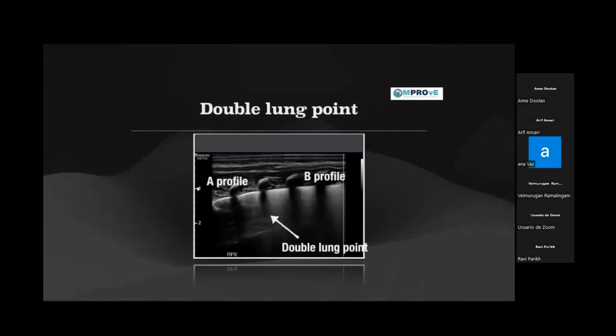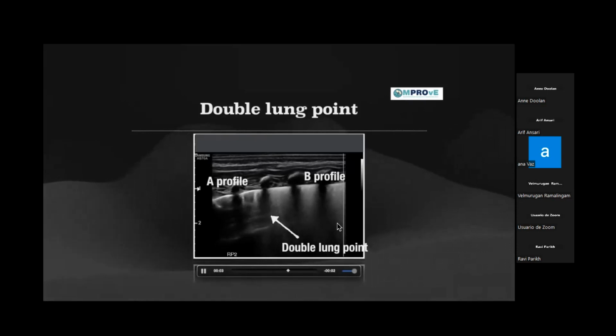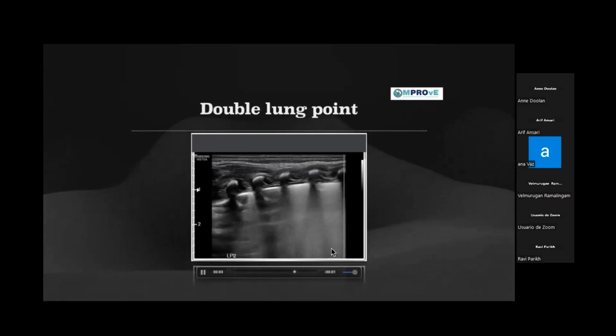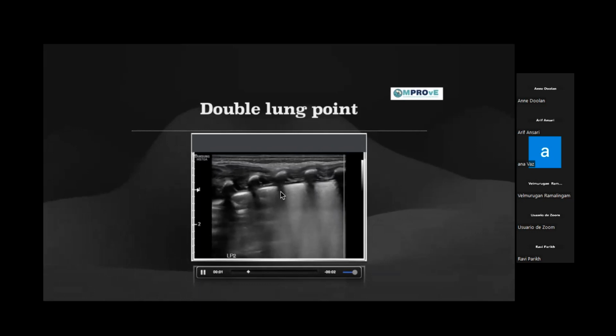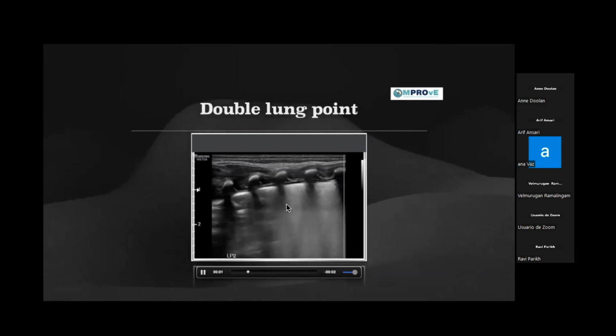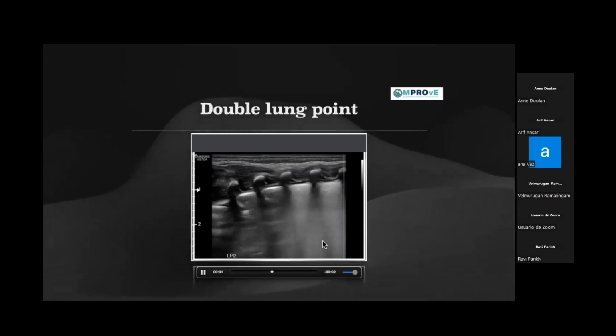Yeah, my clumsy animation there. A profile, B profile, and a double lung point. Right. Again, a similar kind of picture here. So B profile and A profile. You see more A lines here, and at the peak of the expiration, some B lines come in this area, whereas this part, the basal part of the lung, is quite dense.